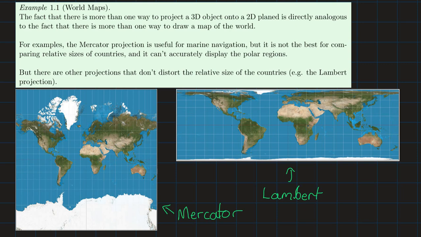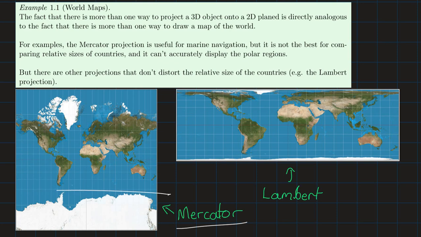For example, a very common way of representing the world on a map is the Mercator projection, which is this one on the left. Okay, it's very common, and it's used a lot in maritime navigation. Okay, but it has drawbacks. I mean, the biggest drawback is the massive inflation of sizes of countries near the polar regions.